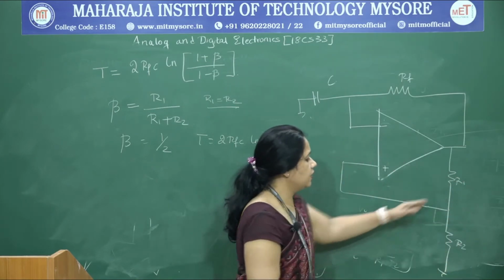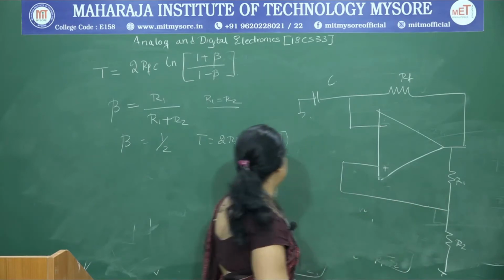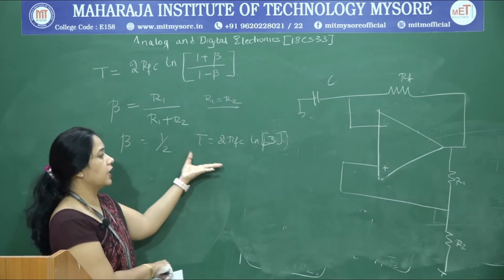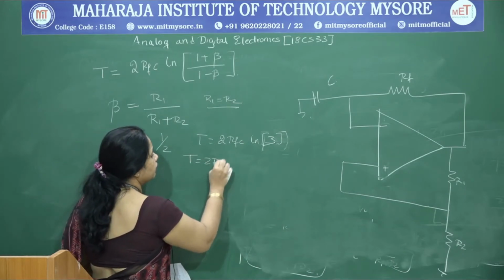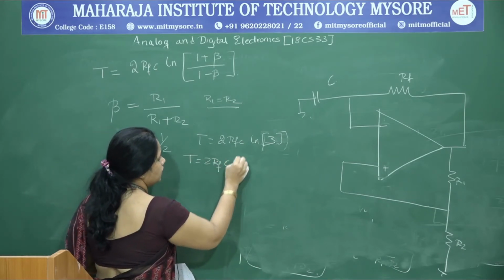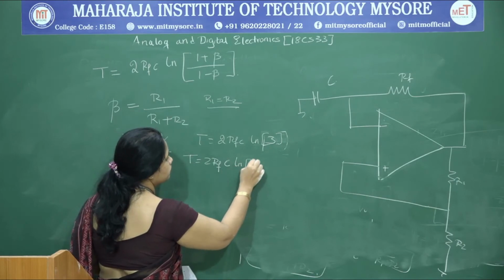If I take identical values of R1 and R2, the expression for the time period reduces to T is equal to RfC logarithm of 3.